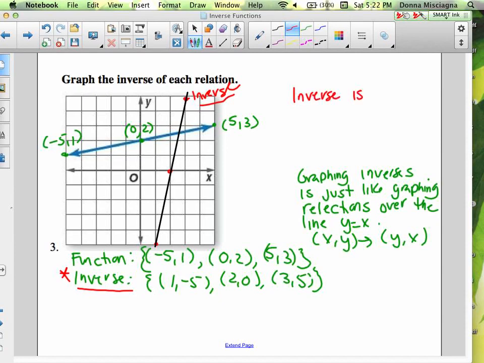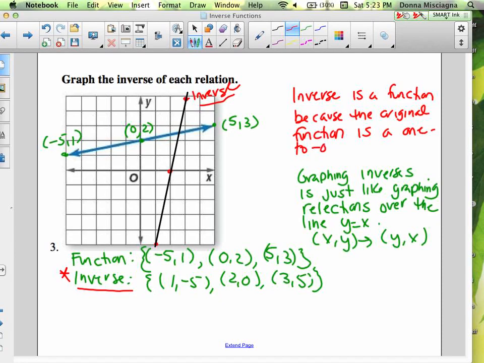So our inverse is a function because the original function is a 1-to-1 function. Linear functions are 1-to-1. You're never confused, right? One y value is not matched to two x values. It doesn't turn around. It's a straight line. Of course, every x is matched to one y.